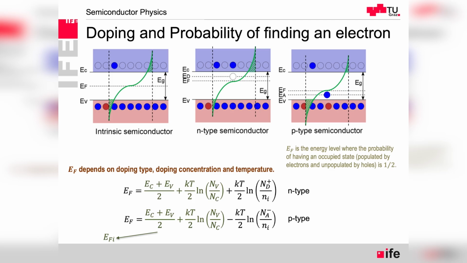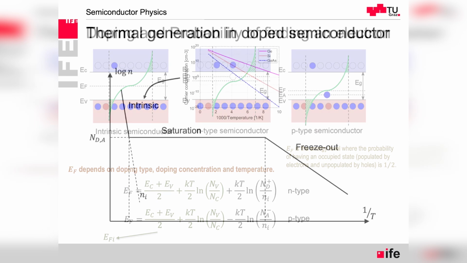And in the case of the p-type semiconductor, at the Fermi energy it's again the probability of one half that we find an electron or hole, and because we have a higher concentration of holes, this energy level has to shift downwards towards the valence band.